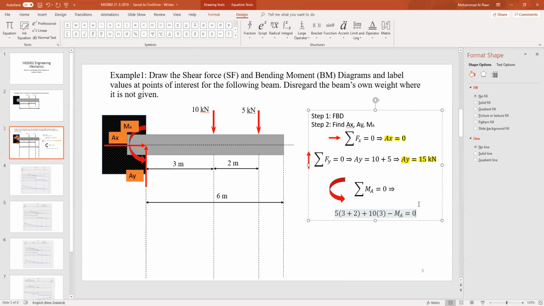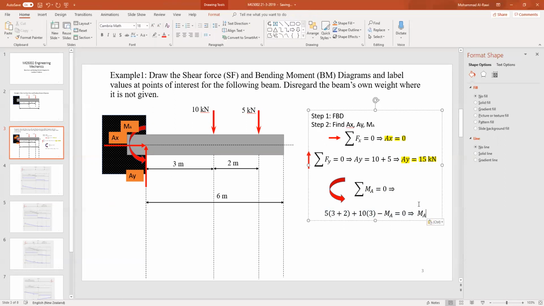So here we just say this will lead us to MA equals, oh sorry, 55. And here the units are kilonewton meters. Please pay attention to this. It's very important. Many students confuse that with the force, and they write only kilonewtons, which is not correct.